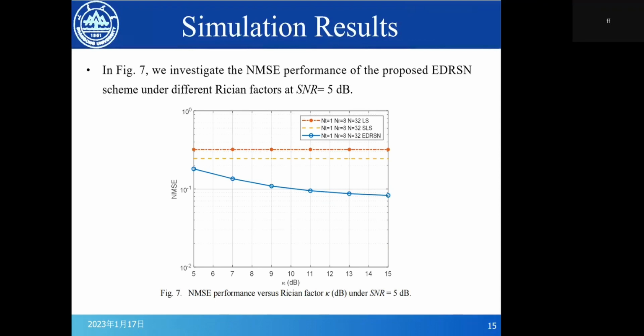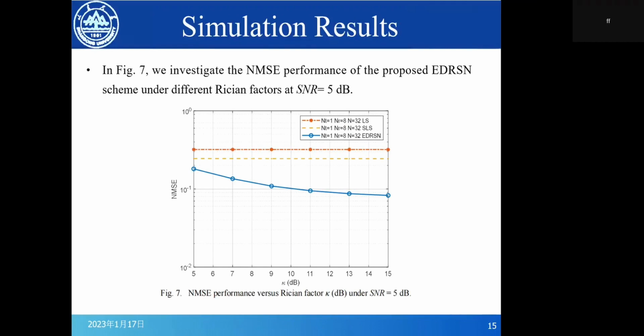In Figure 7, we investigate the NMSE performance of the proposed EDRSN scheme with different Rician factors kappa at SNR equal 5 dB. The value of the Rician factor kappa affects the degree of frequency selective fading, which in turn influences the channel states.